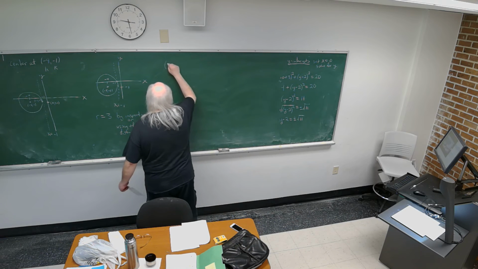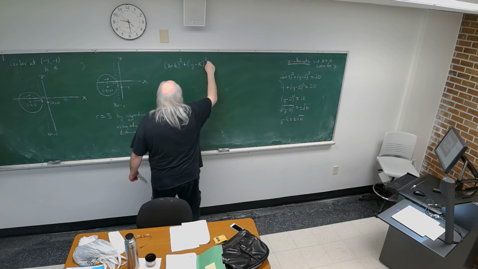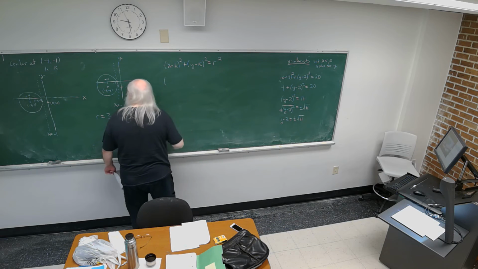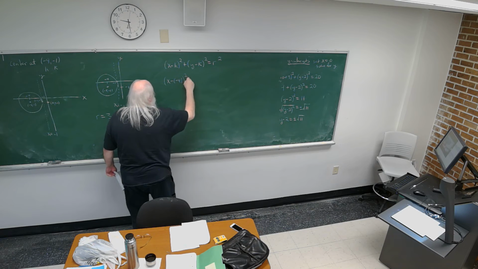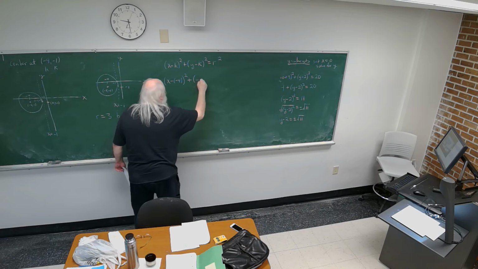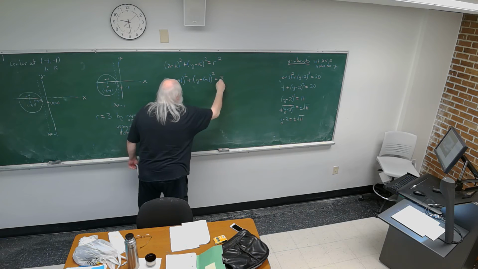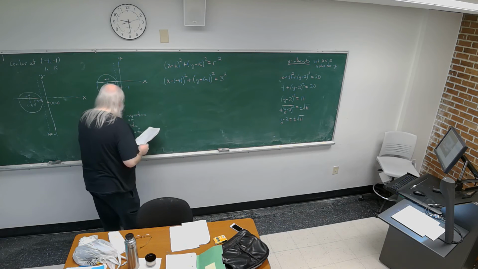So we have (x minus h) squared plus (y minus k) squared is equal to r squared. x minus h is x minus a negative 4 quantity squared, and we have y minus a negative 1 quantity squared is equal to 3 squared. r is equal to 3.